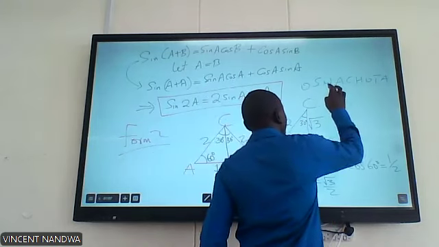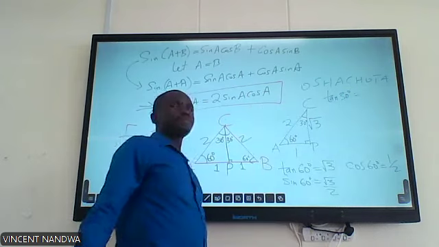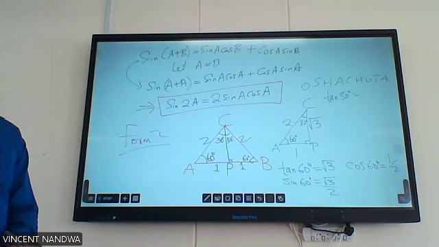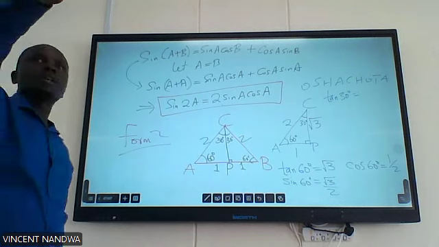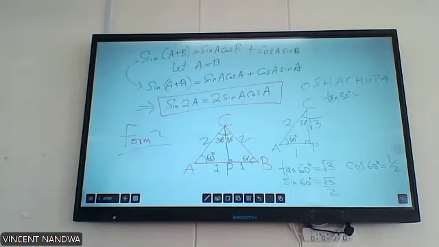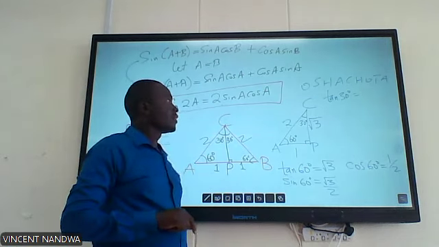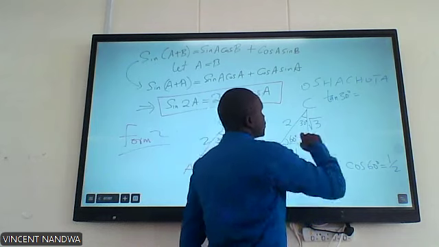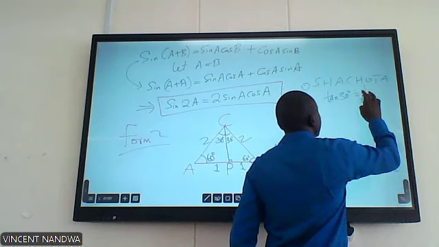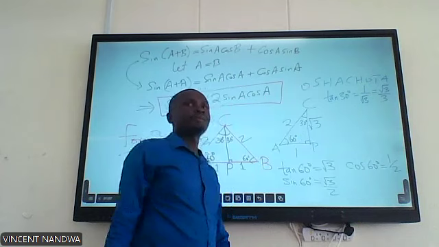And then what will be tan of 30 degrees from this triangle? Tan is opposite over adjacent, so it's 1 over root 3, the same as root 3 over 3.